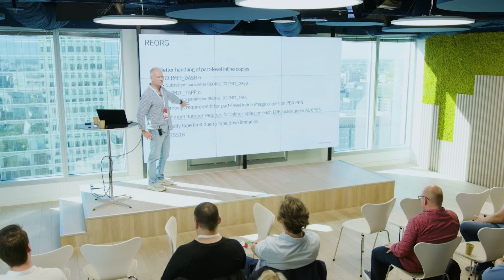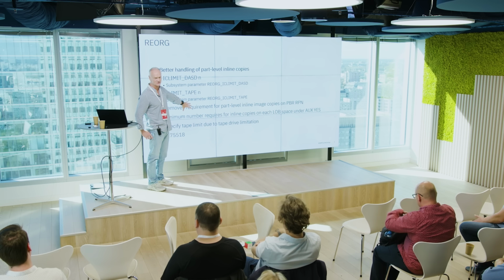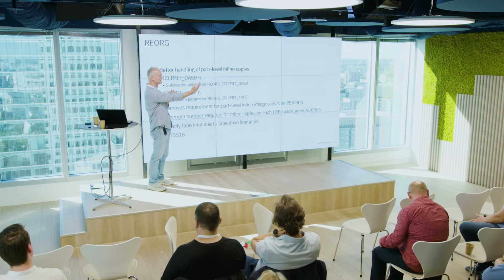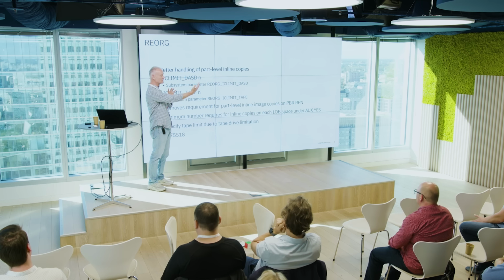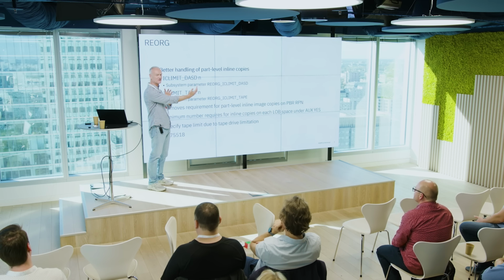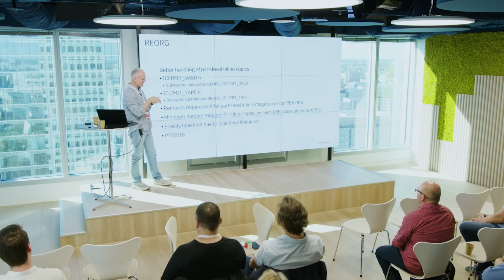But if you've got inline image copies for reorg, you're pretty well used to having duplicate pages sitting in the image copy data set anyway, right? I mean, you can have a table space or a partition with 1,000 pages, and you reorg it, and your inline image copy data set has got 1,050 pages in it. Because there are some pages that we have to copy multiple times because of updates that occur to these pages during the log phase.